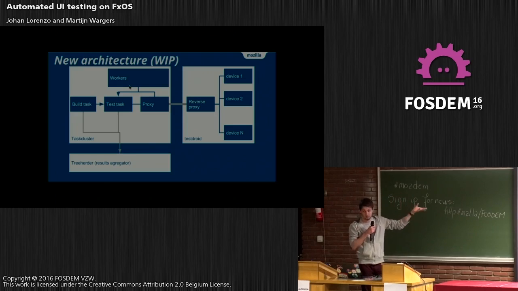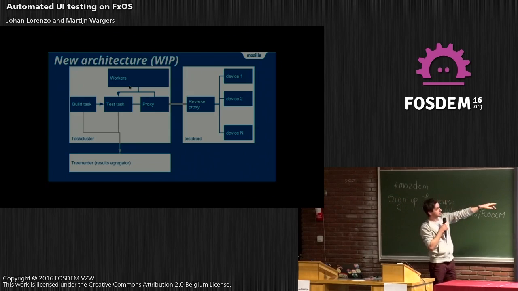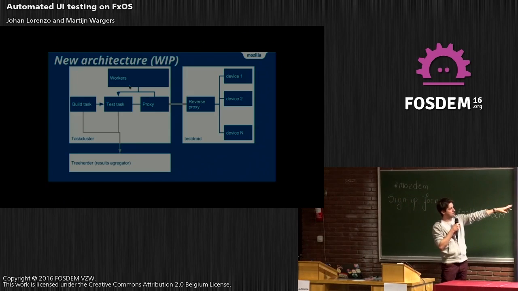So we have the build task, and we have our test task. Basically, our job has been to add a new type of test task. Now we don't monitor every new build. We are actually triggered by the build task being done.